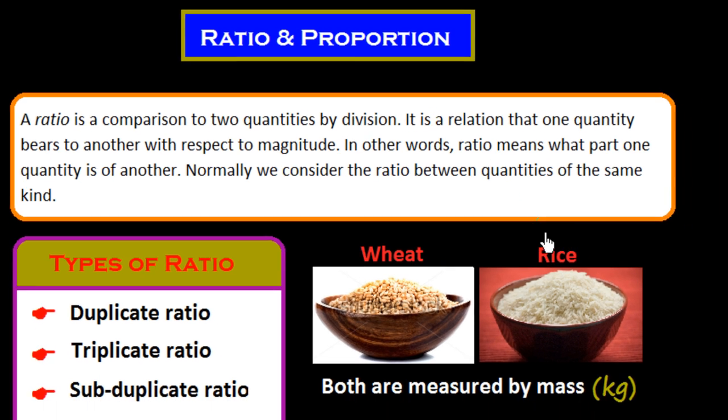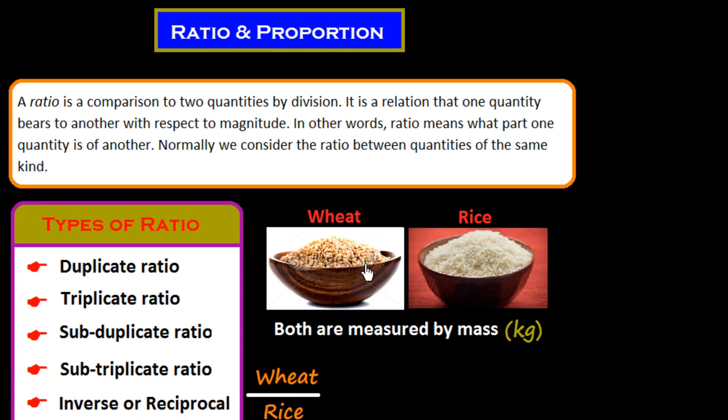We are taking one example, wheat and rice. You have seen here in the bowl there is wheat and rice in the picture. We find out the ratio of the wheat and rice consumed in an Indian family in a month. Both quantities are measured by the same physical quantity, which is mass.